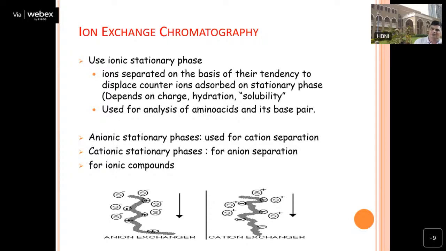An anionic stationary phase is used for cationic separations, and a cationic stationary phase is used for anionic separations. It can also be used for various kinds of ionic compounds. So this is how ionic chromatography is utilized.